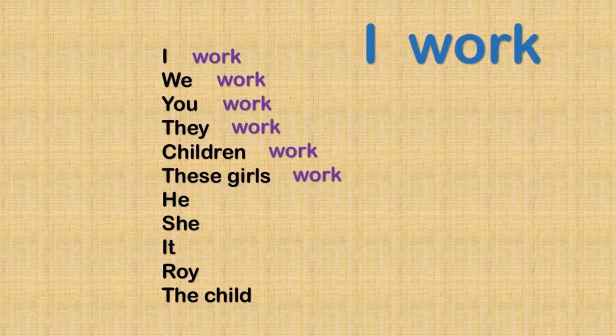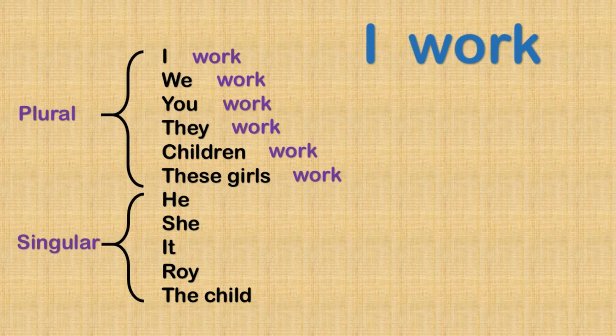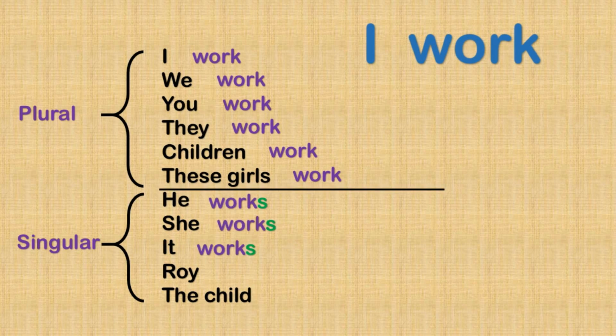You may notice here all the subjects are plural. When we take singular subjects like he, she, it, Roy, the child, he works, she works, it works, Roy works, the child works. So now you can clearly see the difference.